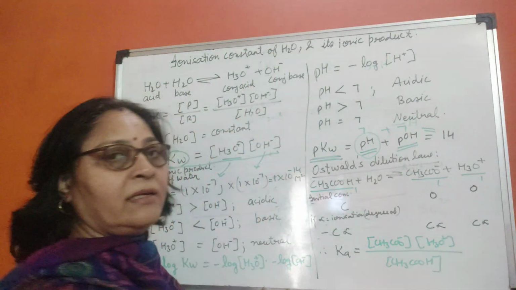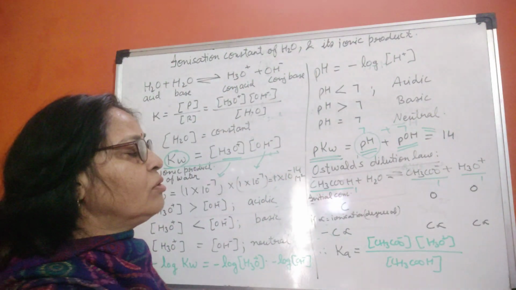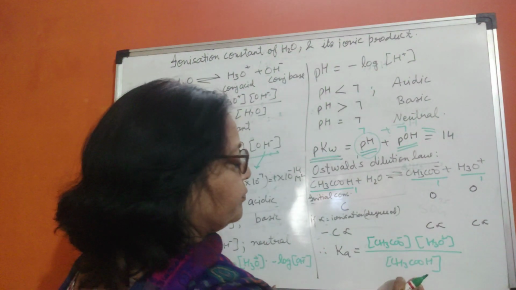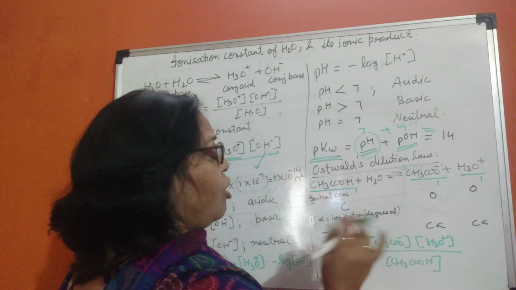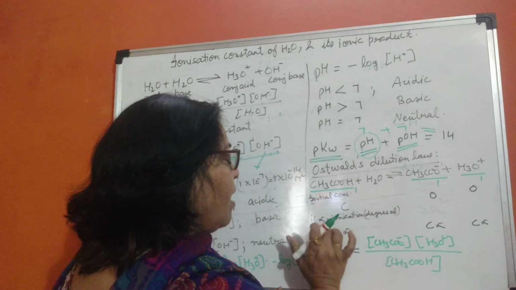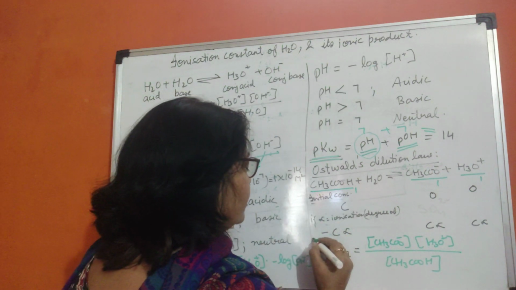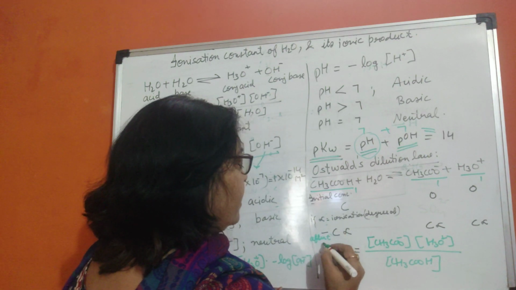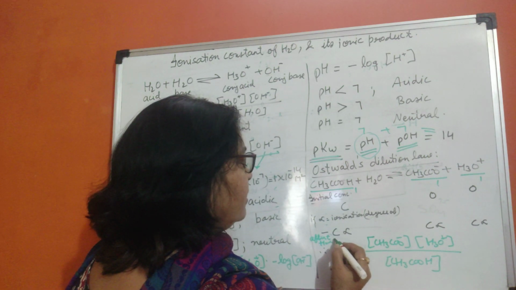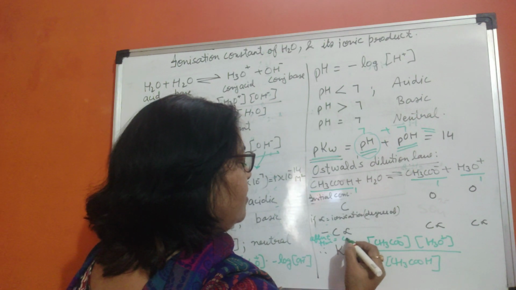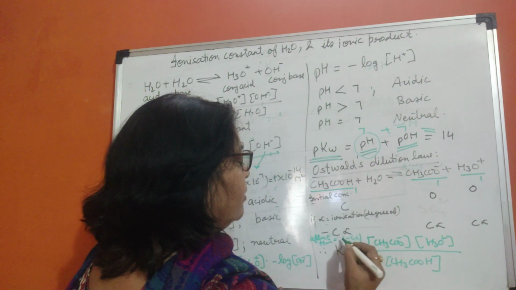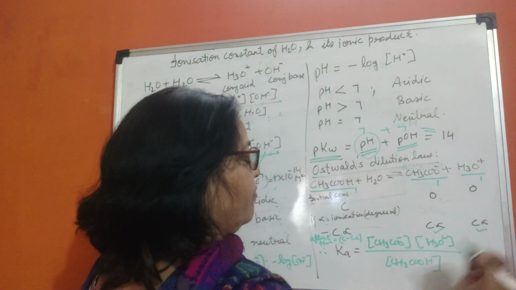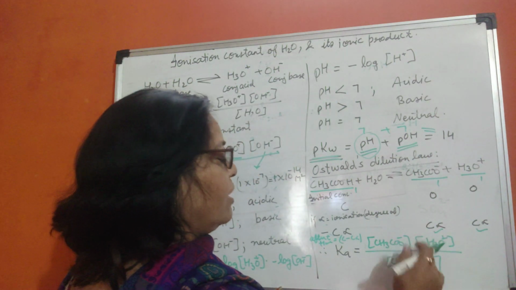Water, again you know that water is a pure solvent, so we never take its concentration. So here we have this equation. Now placing the values, after t time, when it has ionized, the reactant left is C minus C alpha, okay. And the products formed are C alpha each. So now we will place the values here.